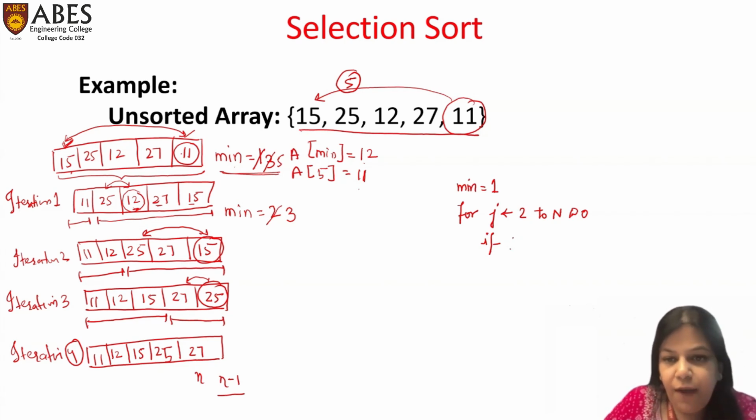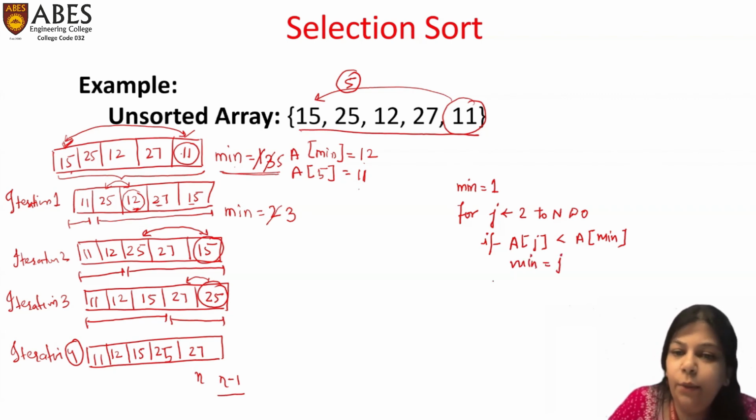So if at any point of time this aj, that is one of the rest of the elements in the unsorted part, is less than A of minimum, then we have changed the index stored in minimum and we have stored j in this minimum.